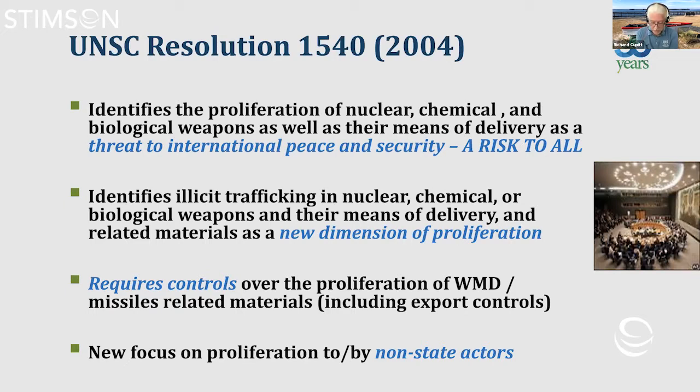But there were also a lot of revelations in 2003, 2004 regarding the work of A.Q. Khan and his network that contributed to proliferation of weapons of mass destruction in several countries where they were trying to sell mainly nuclear, but also it had some connections to the missile field.